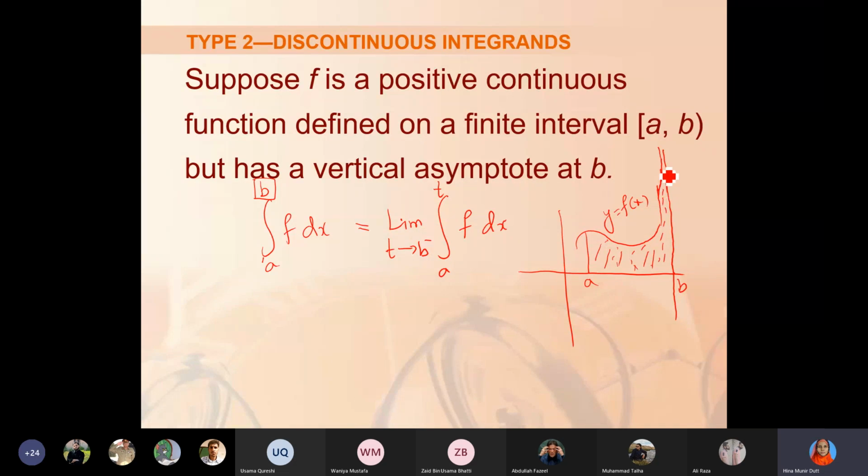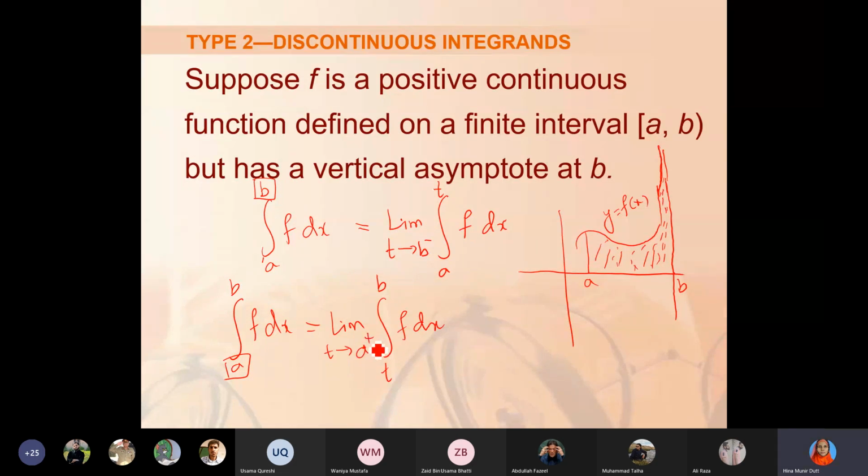This region extends vertically, and if my integrand becomes infinite at the point a, then I will extend it as t by taking the limit as t approaches a from the right hand side. Here t is approaching b from the left hand side.